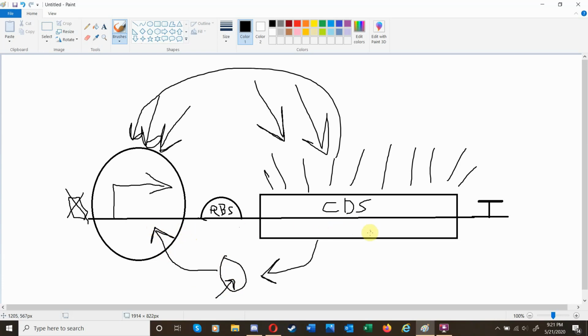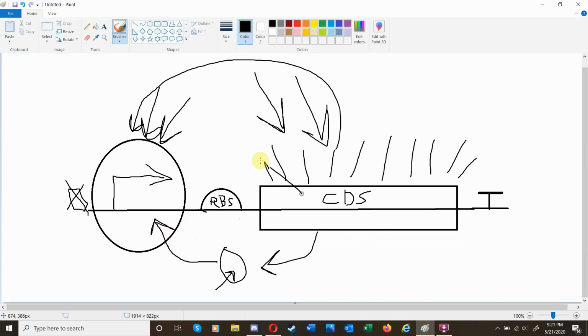Or it has to combine with some other coding region, and you need two of them. And when you have two of them together, then it actually binds and activates the promoter. And there's all sorts of crazy little things you can do. But this is pretty much the basics of it.